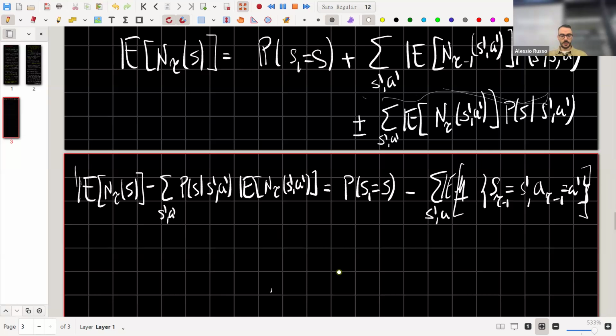So now we can take the absolute value. This probability is in [0, 1]. Also this quantity is in [0, 1] because it's the expected value of an indicator, so it's a probability. And when you sum over S prime A prime, it's also in [0, 1].